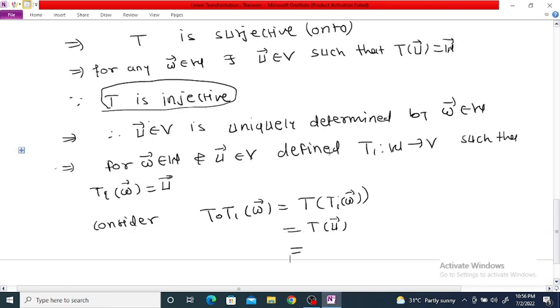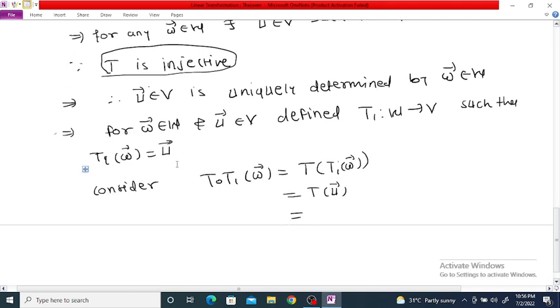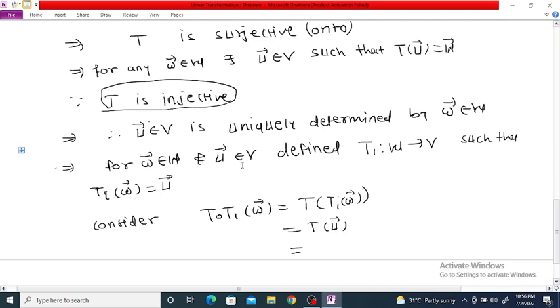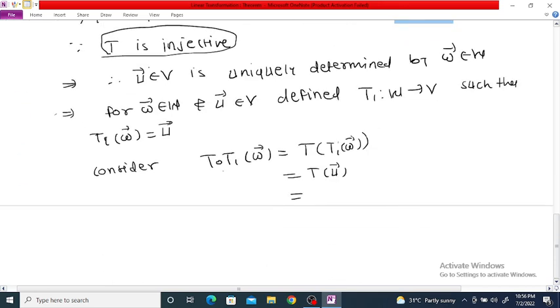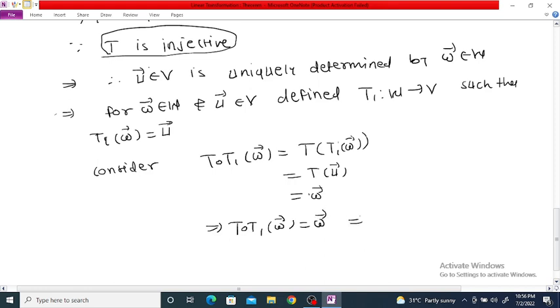And T of U bar is equal to W bar. So T of T1 of W bar is equal to W bar. This implies T composed with T1 is equal to the identity transformation from W to W.